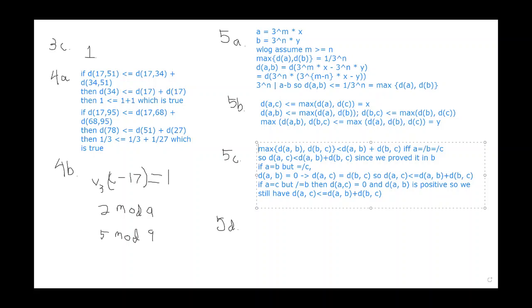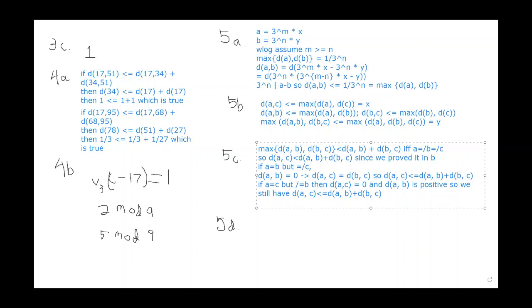Let's see. If A equals B but does not equal C, then d of AB equals 0. D of AC equals d of BC, correct. So d of AC is less than or equal to d of AB plus d of BC.